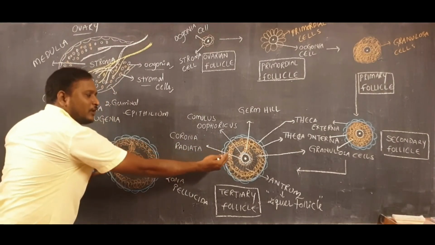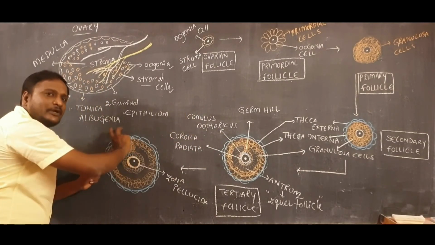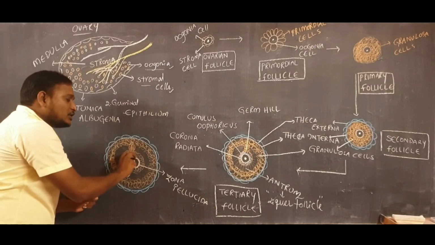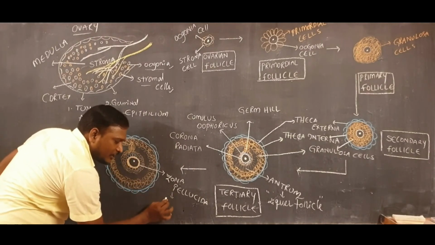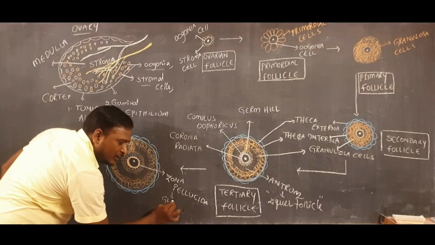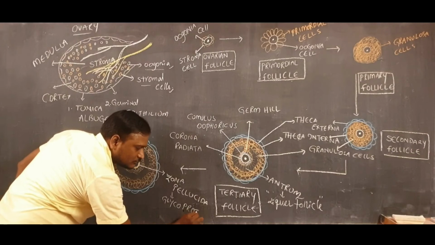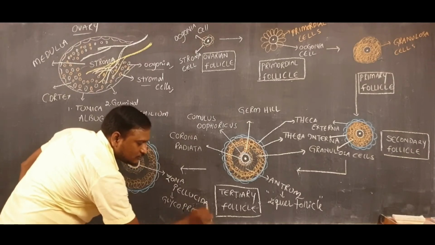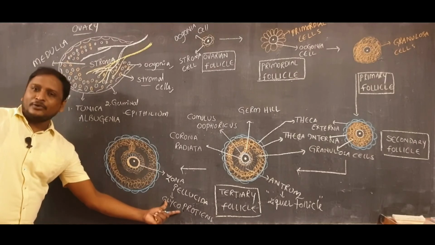So after tertiary follicle, when it is changing into Graafian follicle, what is the change generally we can observe in the case of follicle means zona pellucida will be formed. These zona pellucida will be formed by glycoproteins.